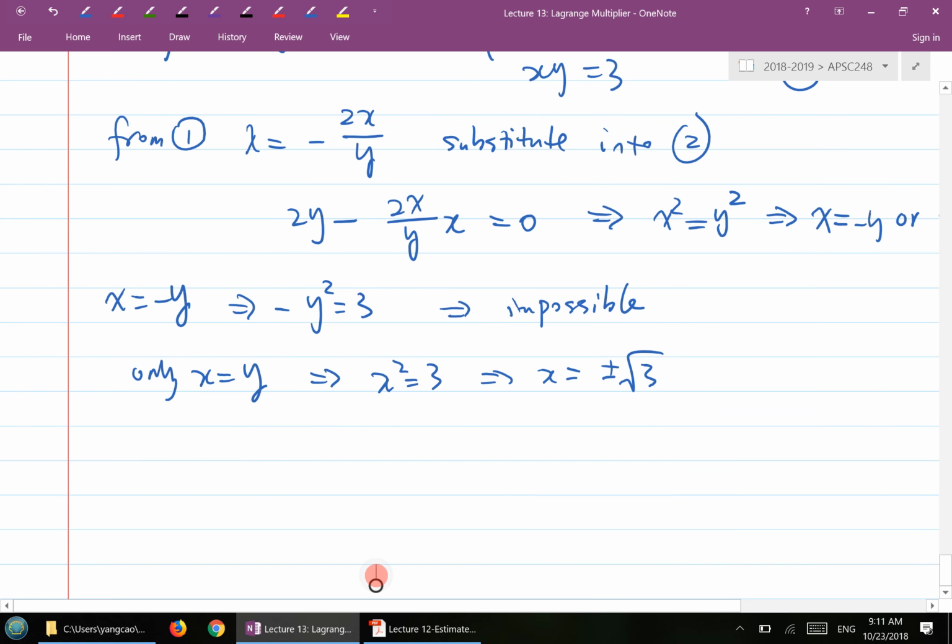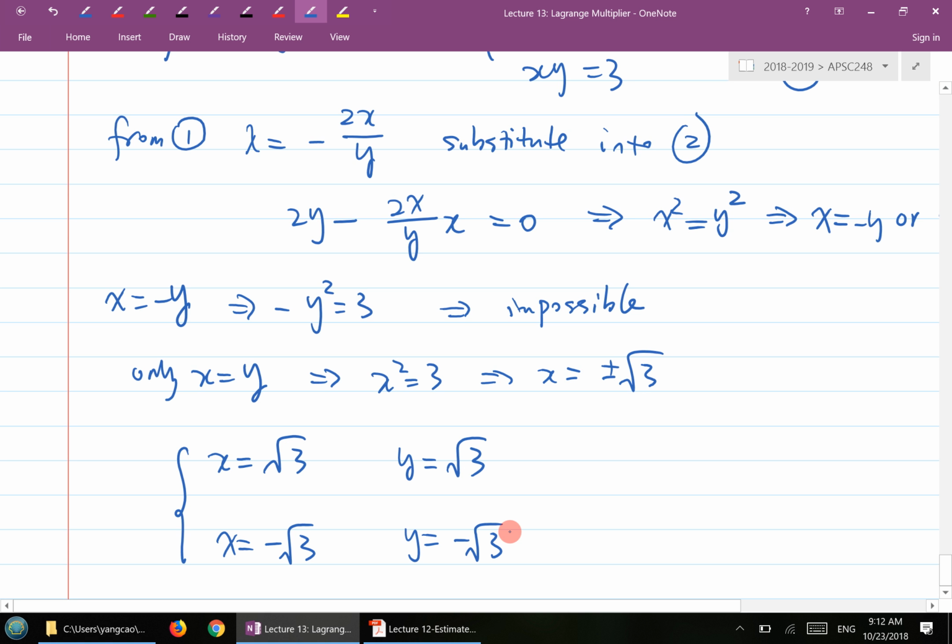So x has two values. If x is positive root 3, then y is also positive root 3. If x is negative root 3, then y is negative root 3. Okay, so you basically got 2 critical points here.